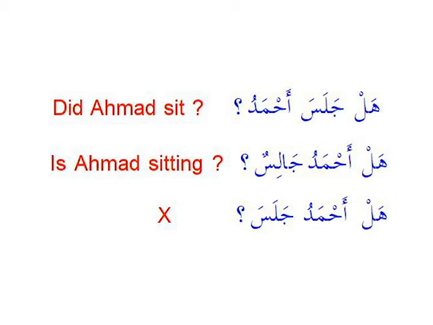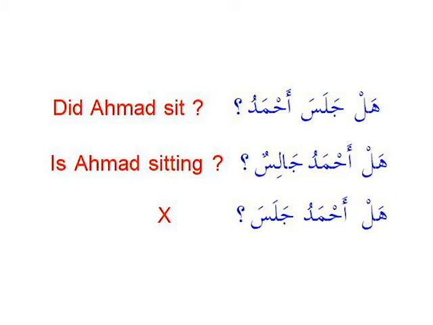The first two examples are completely correct. The last one is not correct, since in this sentence a noun is being followed by a verb. So you will never see a sentence like this where hal is used.